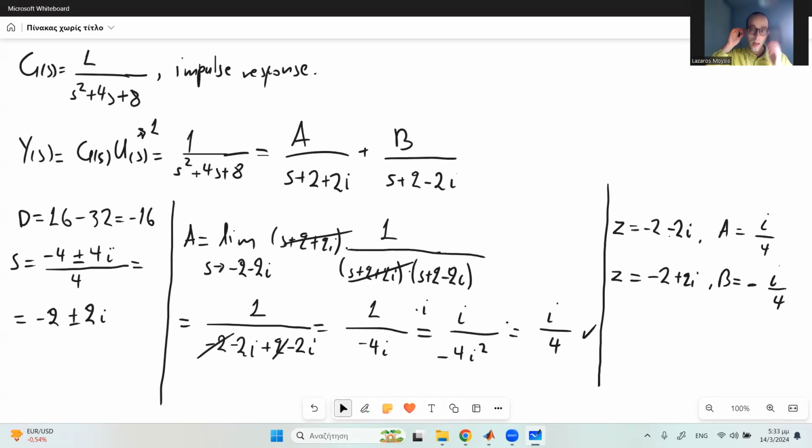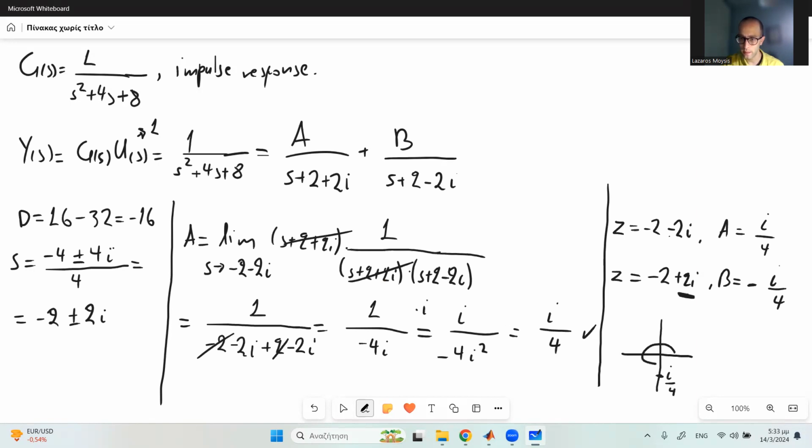So for the solution, I'm going to need the angle of one of the two coefficients. But as I told you, we are going to go with the angle of the coefficient that corresponds with this root that has a positive imaginary part. So beta, let me write this down, beta is minus i over 4.